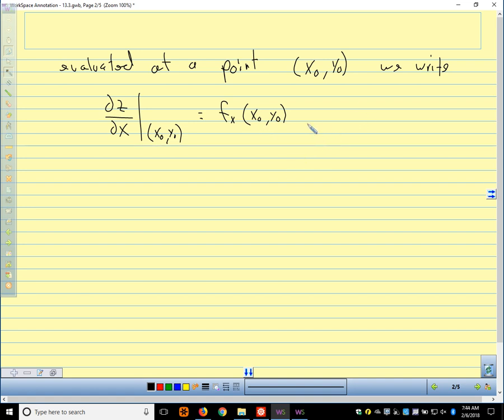And with respect to y, we'd say partial with respect to y at x0, y0. Or f sub y at x0, y0. You could also do z sub x. These are the most common ways to write it evaluated at a point, but the other ones are acceptable. Usually, what I've seen is this notation more often.